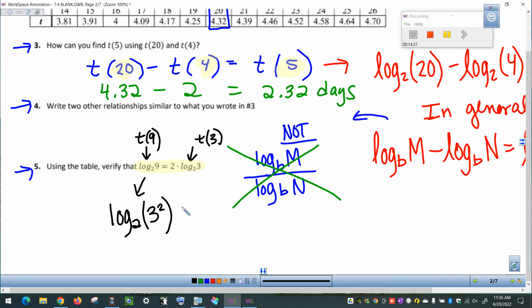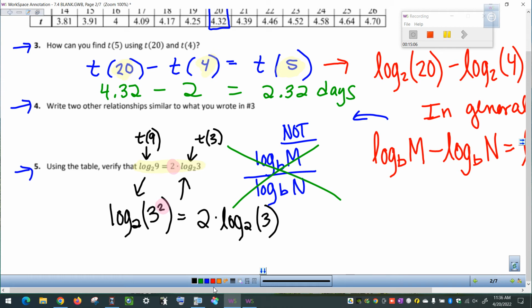Well, then what happens when we're taking the log of something that is raised up to the power of an exponent? Notice how in order to get this right-hand side, the position of the 2 that used to be the exponent up there, that 2 has now been moved out to the front. And all we have left is just the 3. So I'm just going to rewrite this down here.